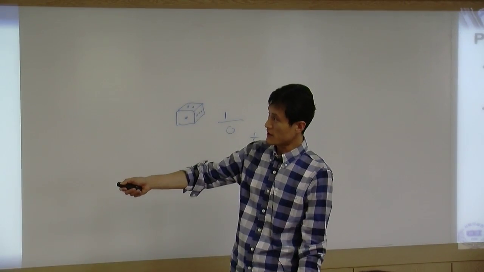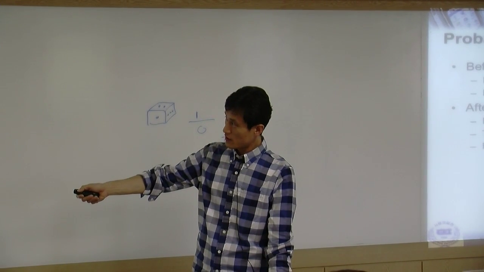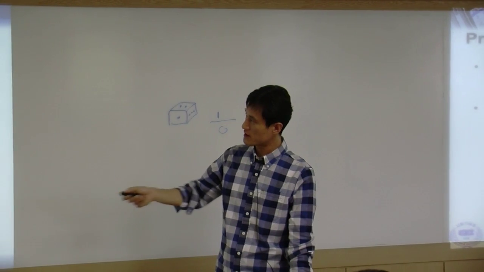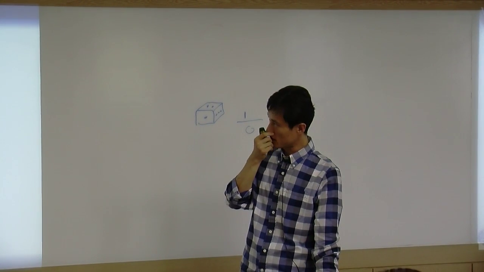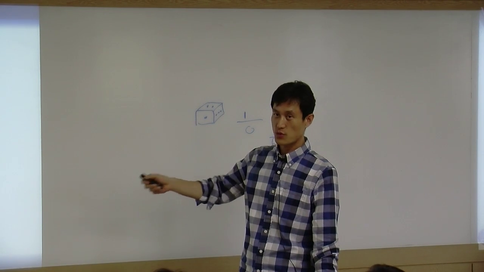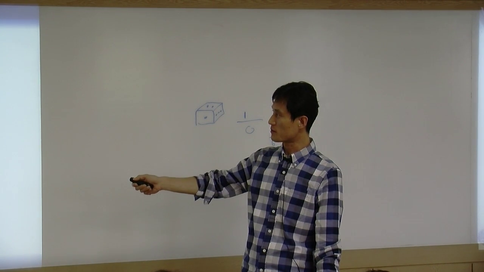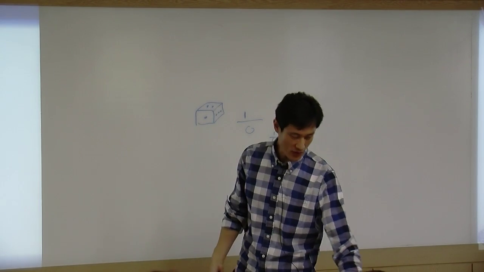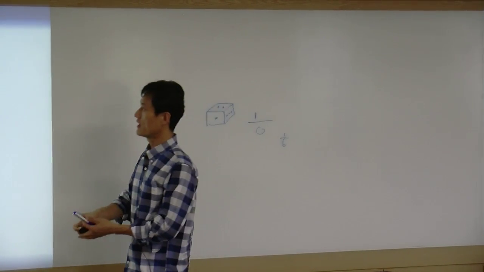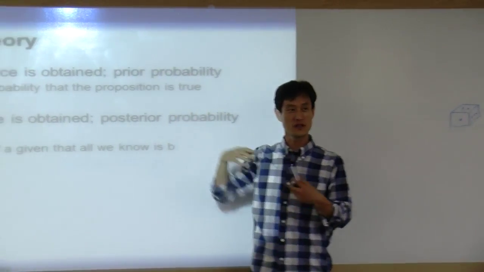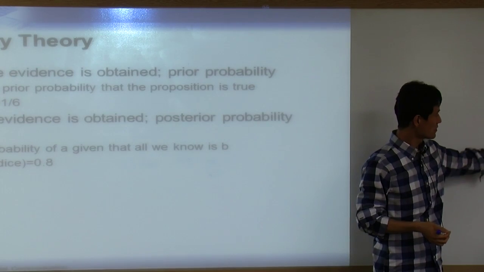So as you see here, when you throw the dice, each event will be 1/6. We already know that, right? So that's the probability that we call a prior probability. So we have two different probabilities: prior probability, posterior probability. Prior basically means the probability we already know, right? 1/6, we already know that.